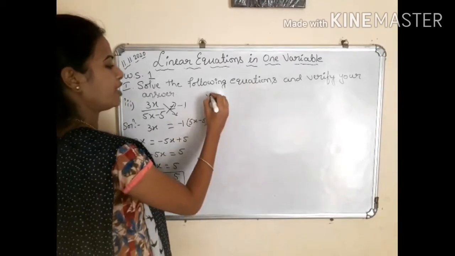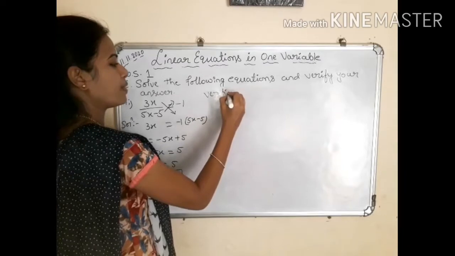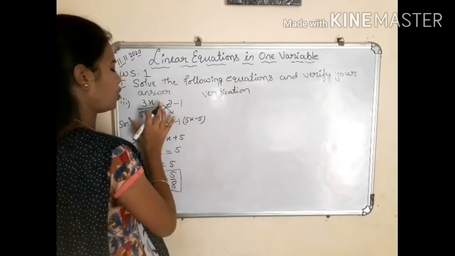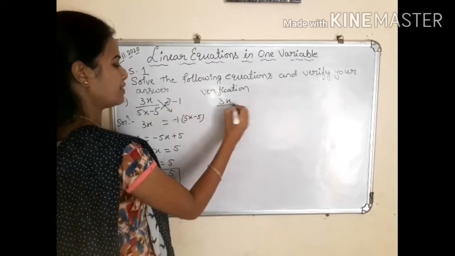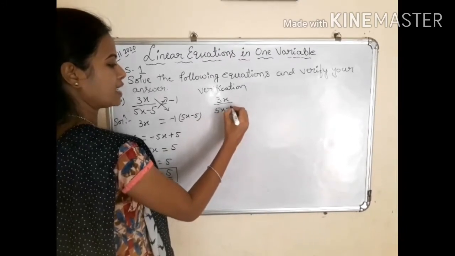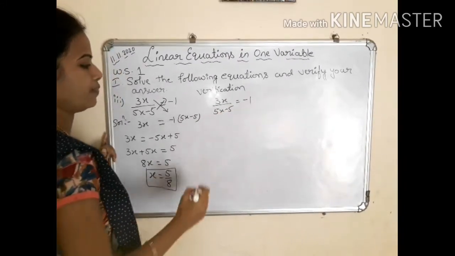Next you have to verify. In verification part, write down question as it is. 3x divided by (5x minus 5) equal to minus 1.